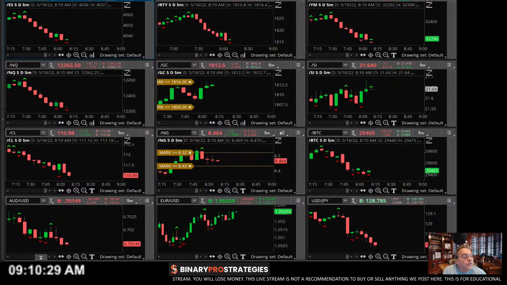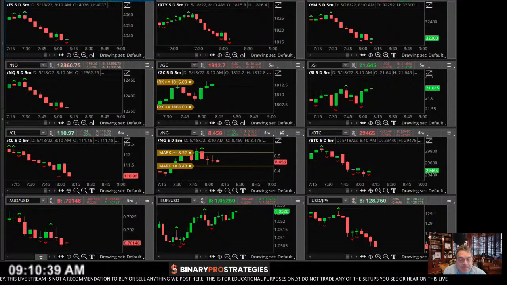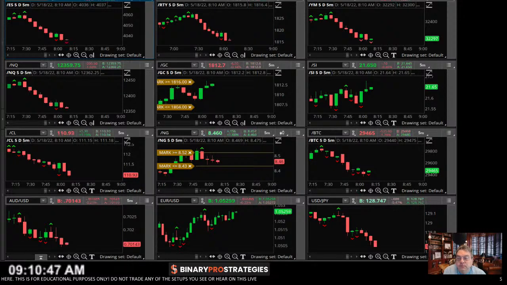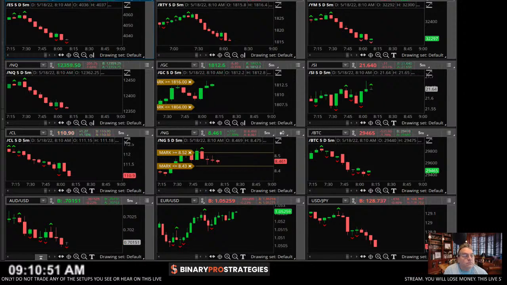And that was crude. It just hit its target, so crude already hit its target. Moving pretty quick this morning on the crude. It's going to put some pressure on our natural gas. Still short gold, still short natural gas.